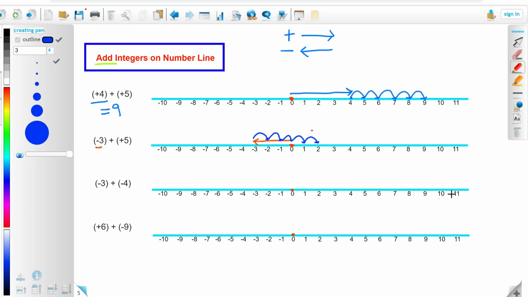You reached at 2, right? So when you go, you reach this point. So you get your answer as equal to 2. Do you see that? When you are adding, you move in the direction of the integer. If it is positive, on the right side, negative, left side. So that is how you get the result of adding the integers. I hope the steps are clear, right?